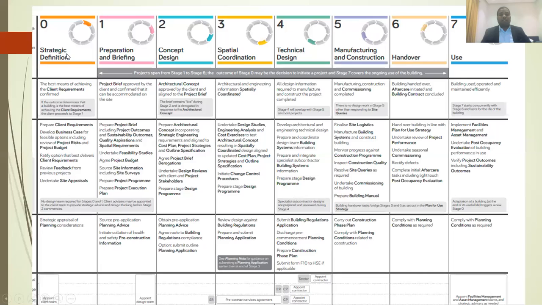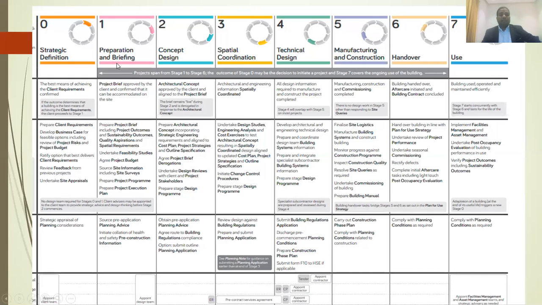In stage 0, strategic definition, once the client identifies what he wants to build, the project budget is established, or it is a tentative budget at this stage. The client says, I want to build within this budget, or from his previous project experience, he says, I want to build this much.